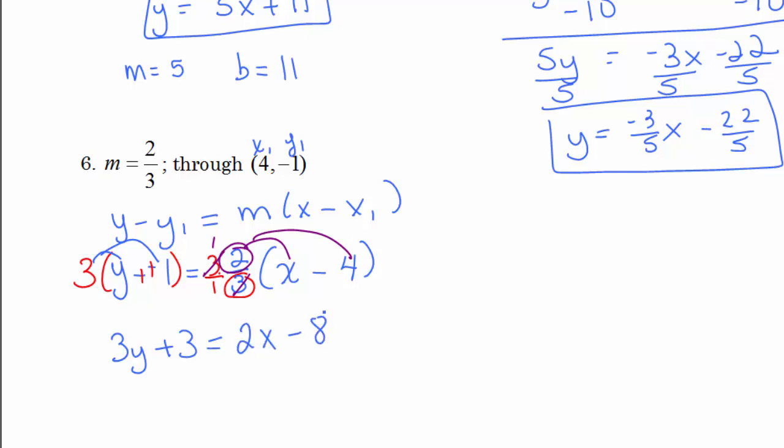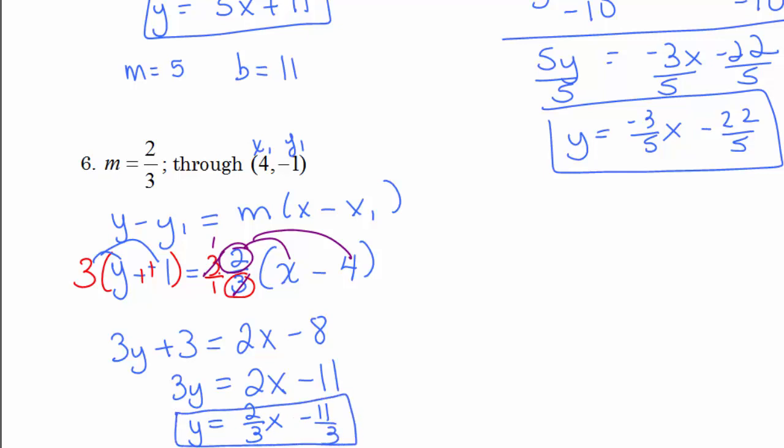Just distributing that numerator because the denominators have divided out. Alright, so I'm going to subtract 3. Negative 8 minus 3 is negative 11, and I'm going to divide everything by 3. There you go. Not hard, but you do need to memorize that formula.